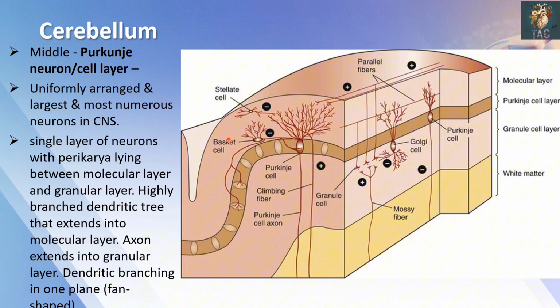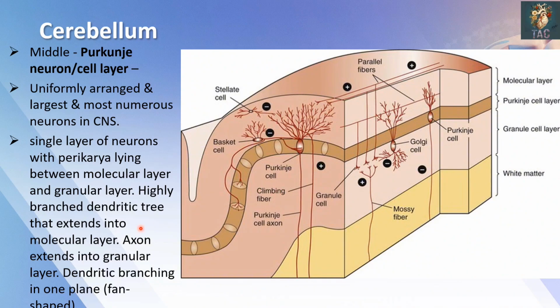Then the middle layer is the Purkinje cell layer. Here you can see a uniform arrangement of the Purkinje cells. These are the largest and most numerous neurons present in the central nervous system. They are arranged in a single layer with their perikarya, their cell bodies, lying between the molecular and the granular layer.